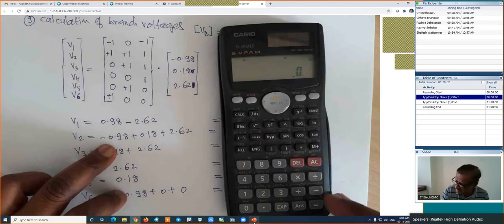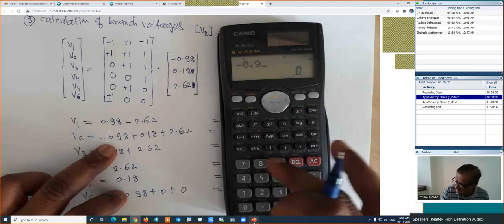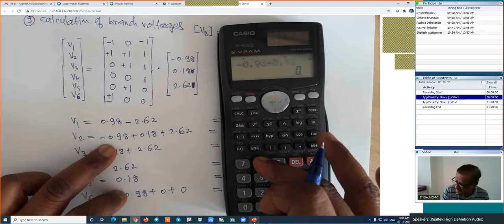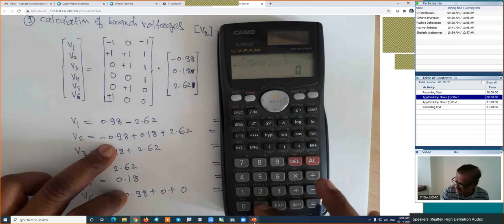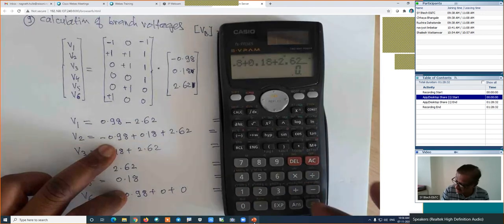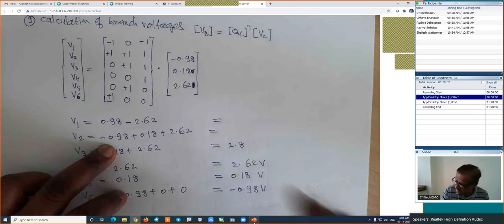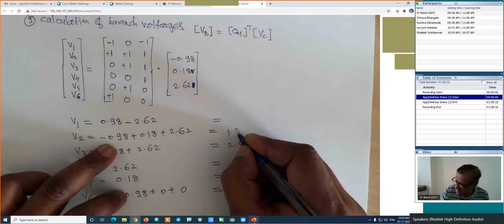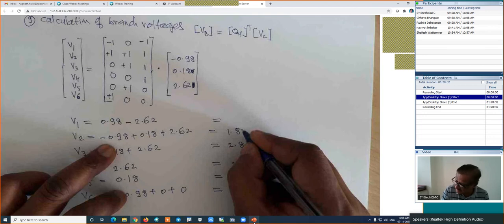This next value is minus 0.98 plus 0.18 plus 2.62, which is equal to 1.82. That is plus 1.82 volt. Is it right?